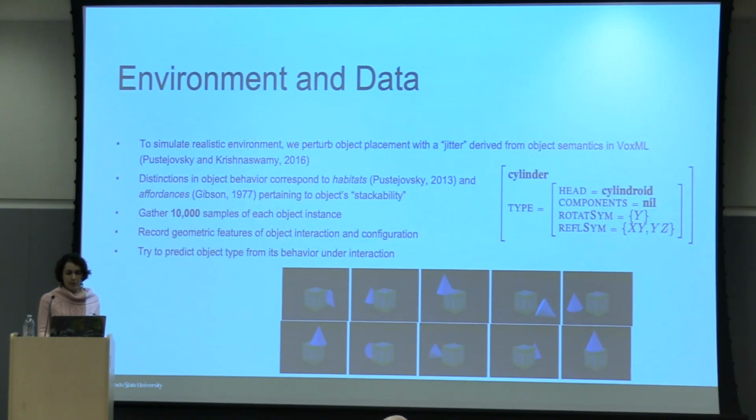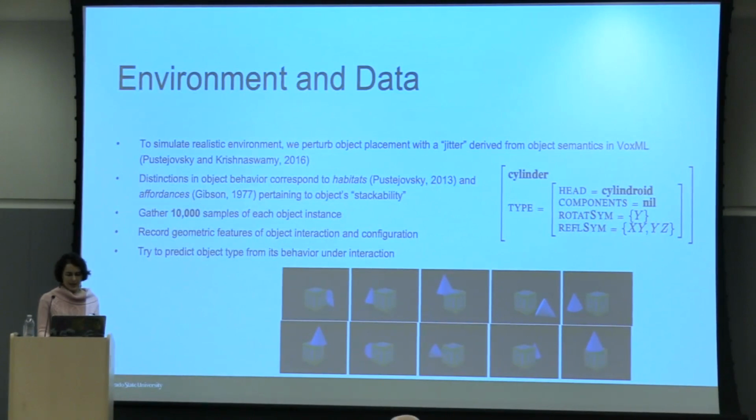In order to have a more realistic environment, we add a jitter derived from object semantics in VoxML for our object placement task. And in general, distinction in object behavior corresponds to habitat and affordances. And in our experiments, we show this through a stacking task.